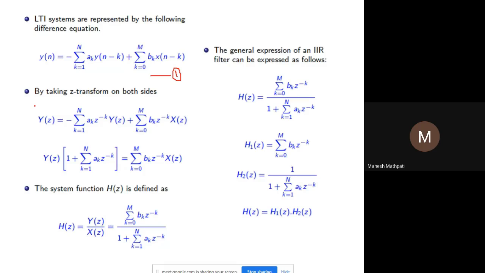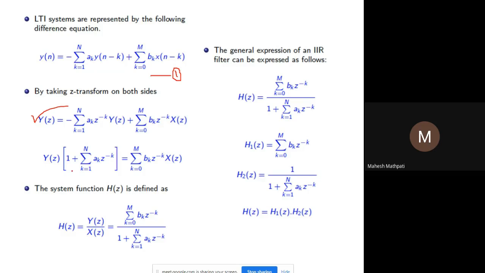Understood about this second equation? Here I am just applying a Z transform to equation 1. Then I am just making the y term one side, so I have taken Y of z as common.